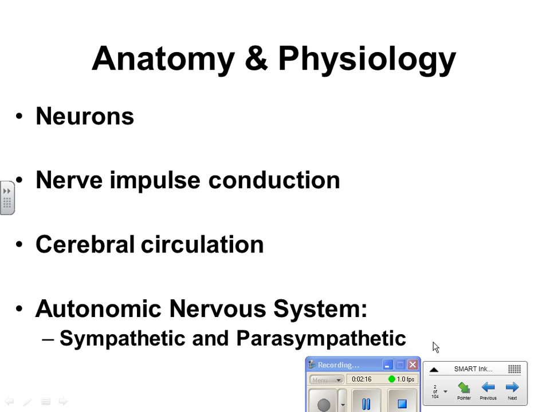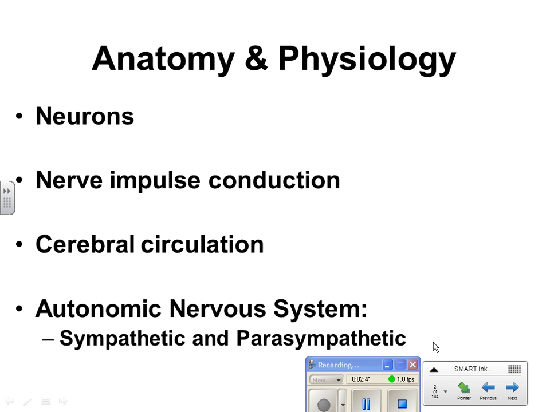What about the cerebral circulation? Who can tell me what the circle of Willis is? What's that? What were you waiting for? What you talking about, Willis? So we have our carotid and vertebral arteries that form a circle at the base of the brain that provides circulation to the brain.